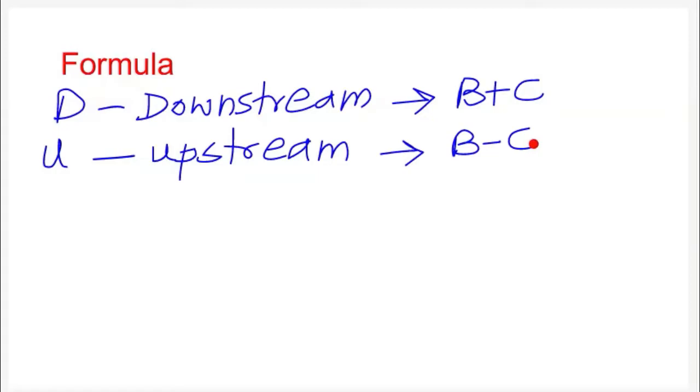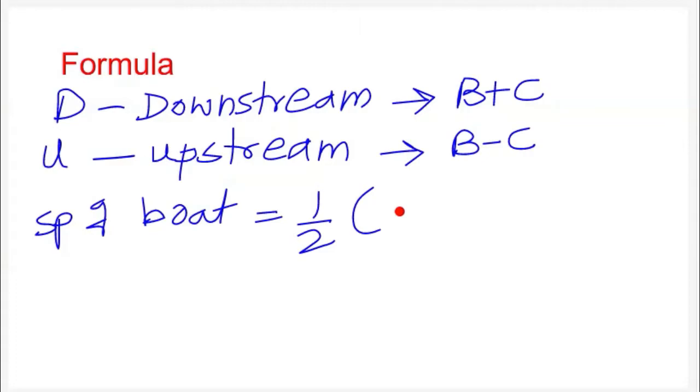When downstream and upstream are given, you can find out the speed of boat as half into downstream plus upstream.